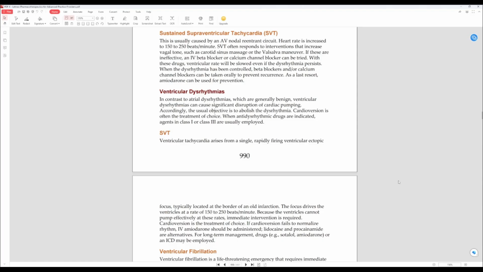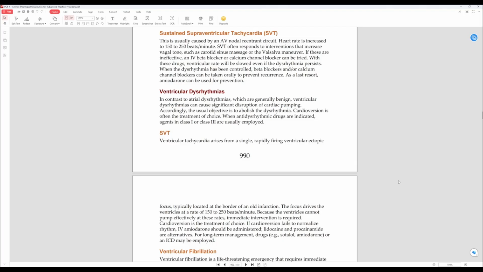Which brings us to our next section, sustained supraventricular tachycardia, also known as SVT. This is usually caused by an AV nodal reentrant circuit. Heart rate is increased to anywhere between 150 to 250 beats per minute. SVT often responds to interventions that increase vagal tone, such as a carotid sinus massage or a Valsalva maneuver.